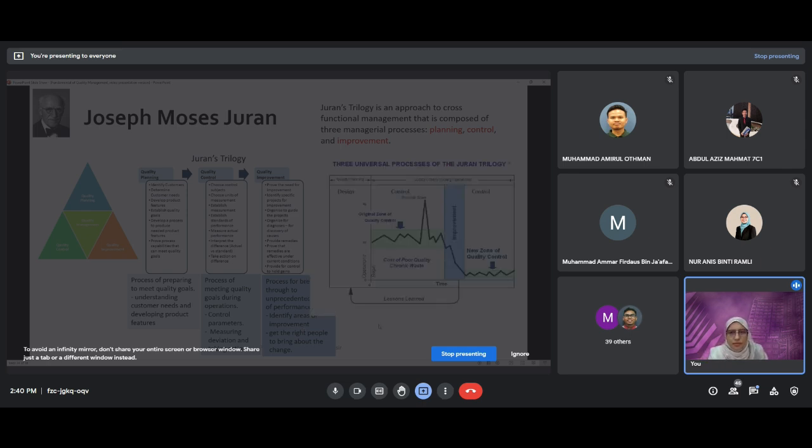And Juran also established this diagram from the trilogy. This diagram shows that at the initial quality planning, you need to design, and during the design you cannot predict what defects will occur during the construction.